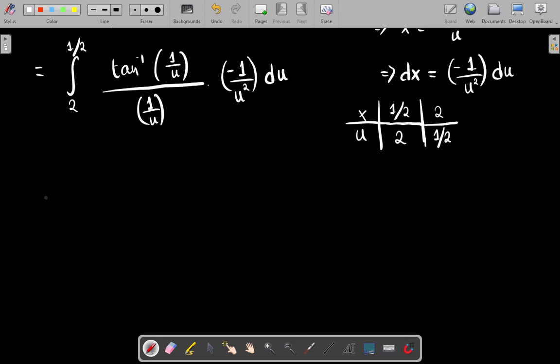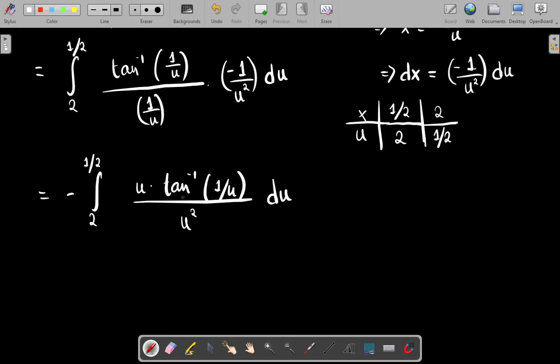Now this minus sign, if I take it out, this becomes minus of the integral from 2 to half. This u goes to the numerator, so this becomes u times tan inverse 1 by u upon u square in the denominator, du.